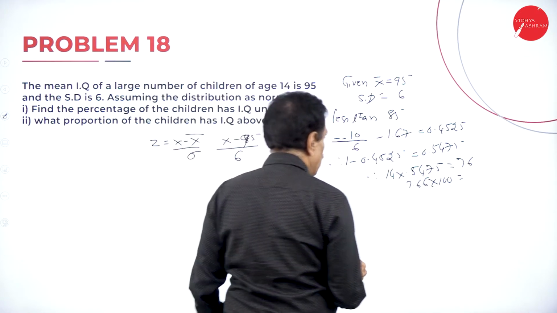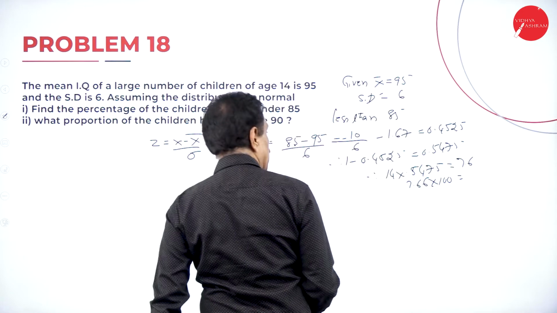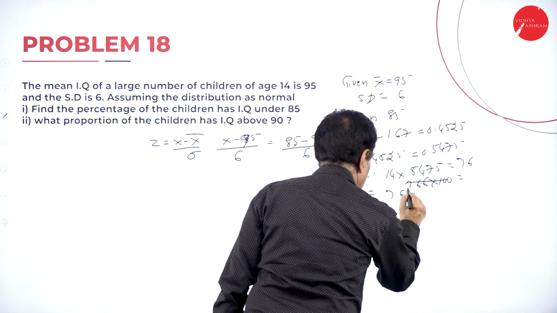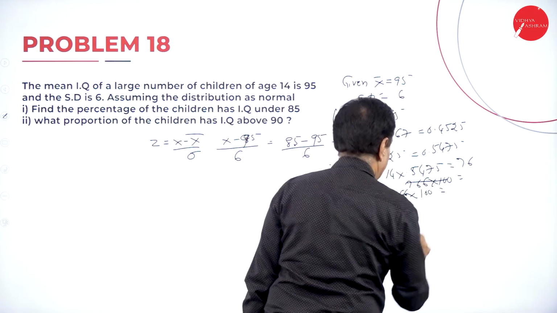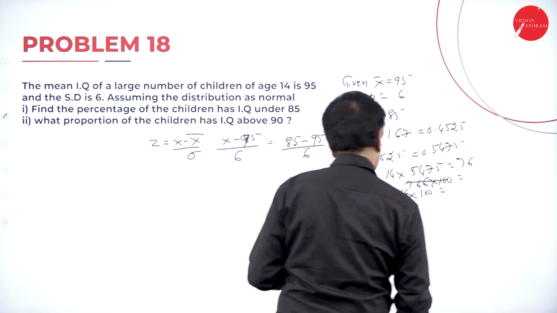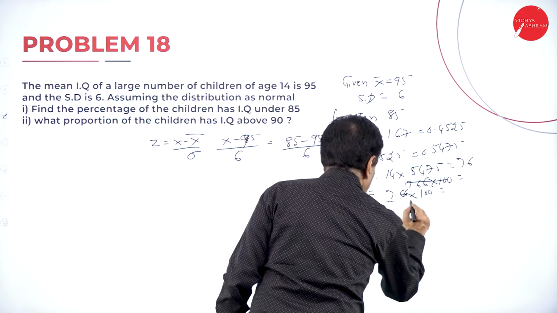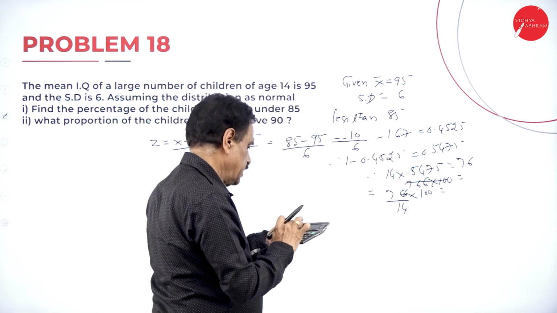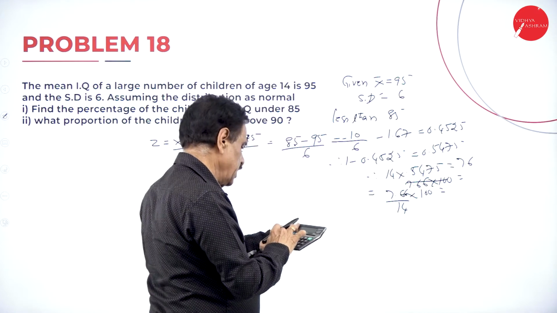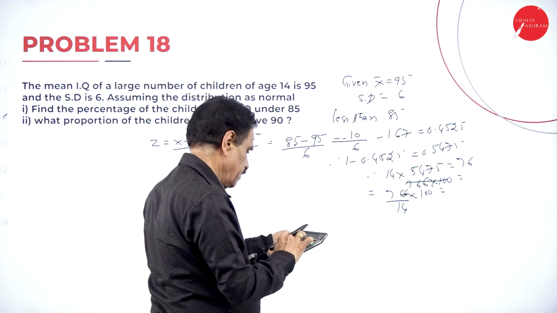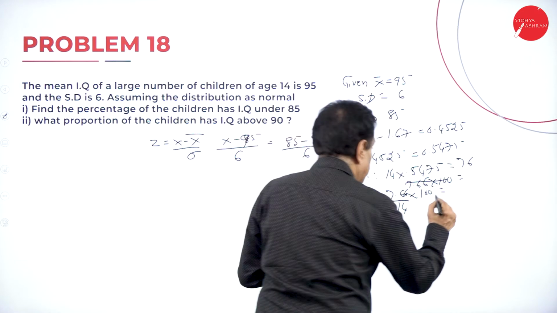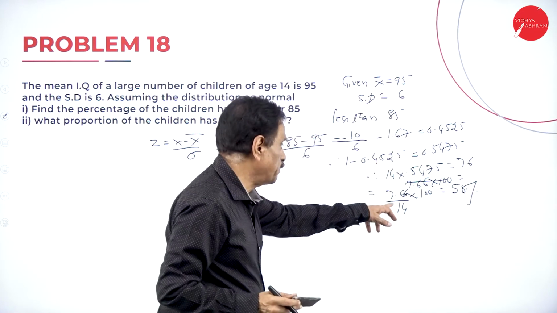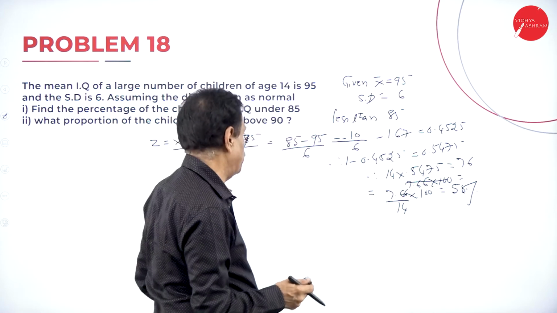So 14 into 0.5475 is 7.66. For percentage, 7.66 divided by 14 into 100 is about 54%, say 55%. For 14 it is 7.66, for 100 it is 55%.